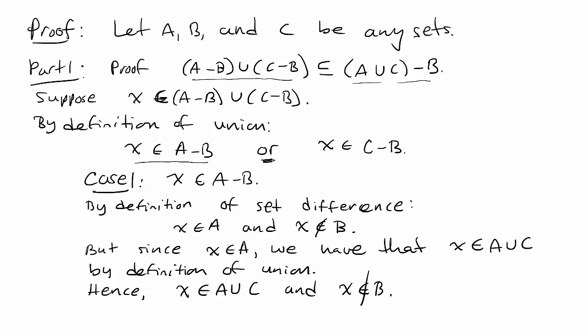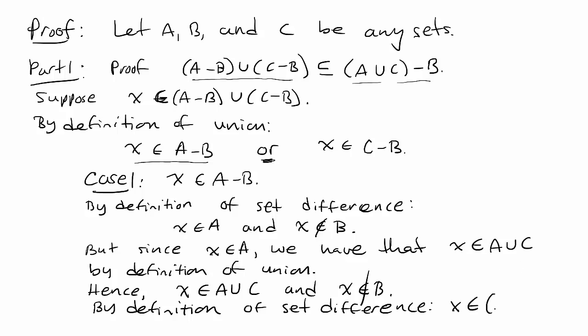And then, can I squeeze one more line in here? By definition of set difference, X is an element of A union C, set difference B. So that's the end of case 1 for part 1, but now you need case 2, still in part 1.